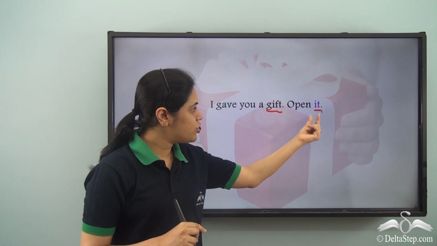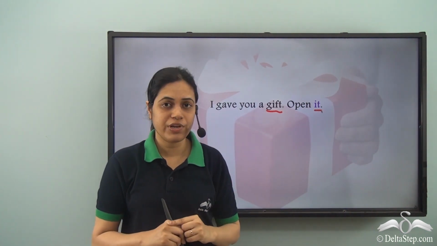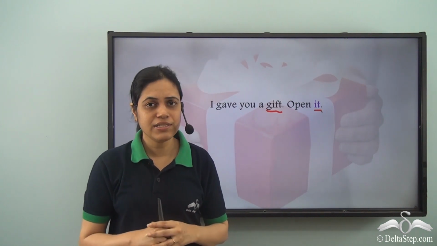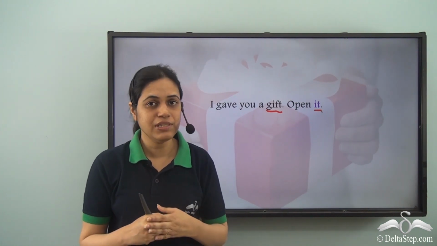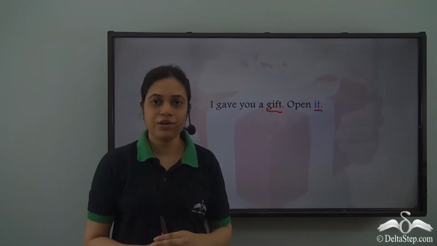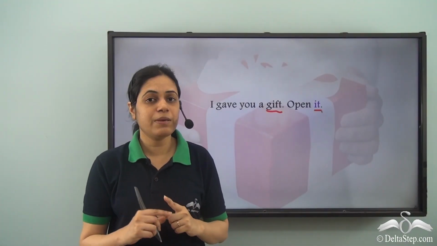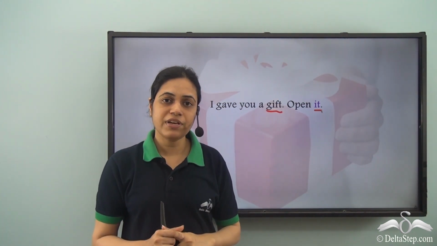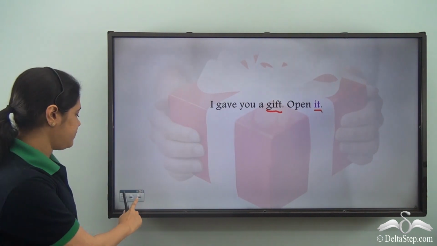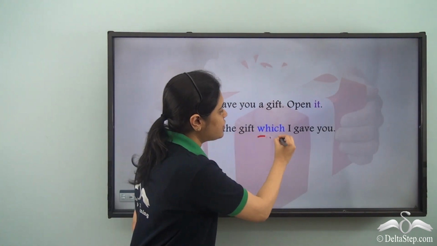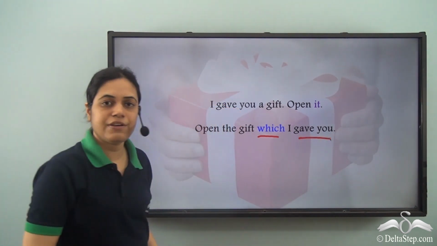Now I cannot use who or whom over here, because who and whom are used for living things, that is people or animals. I need a different relative pronoun over here because gift is the name of a thing. So what is the relative pronoun that we can use over here? It is which. Open the gift which I gave you.